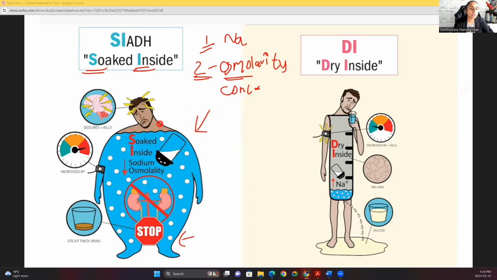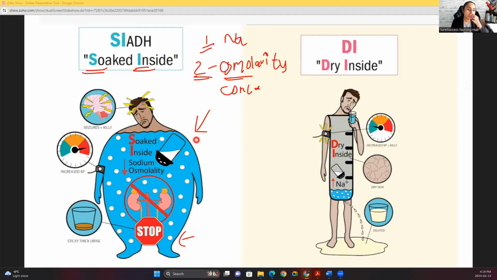Is he getting the water out? No. So what will happen to the concentration of his pee? Sticky, thick urine, so much concentrated. Specific gravity is increased, osmolarity is increased.